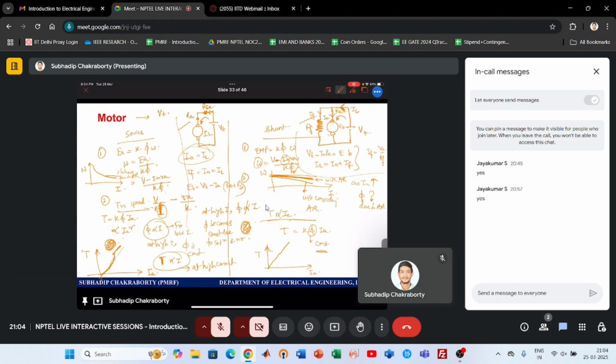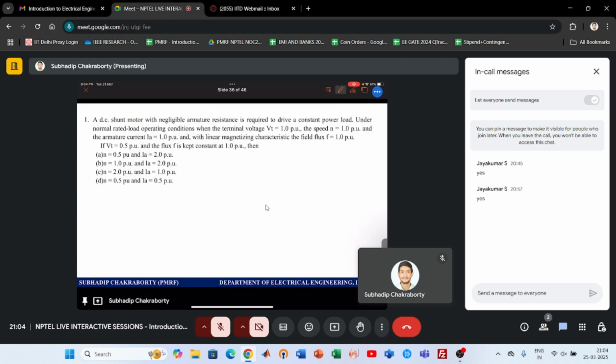But as you understand, phi reduces as IA increases. So it became like this, with armature reaction. This is without armature reaction. So likewise, you can develop the curves.